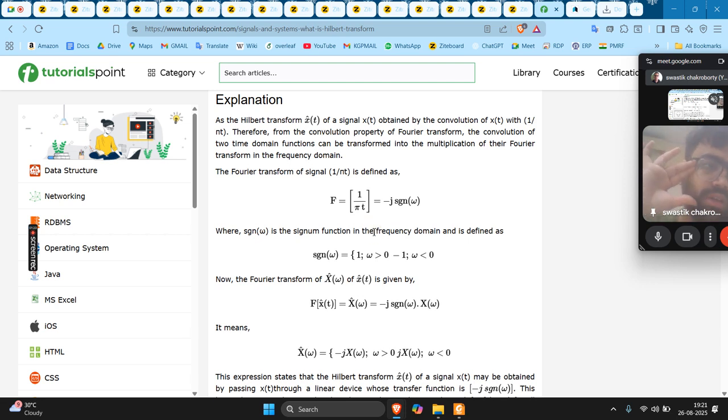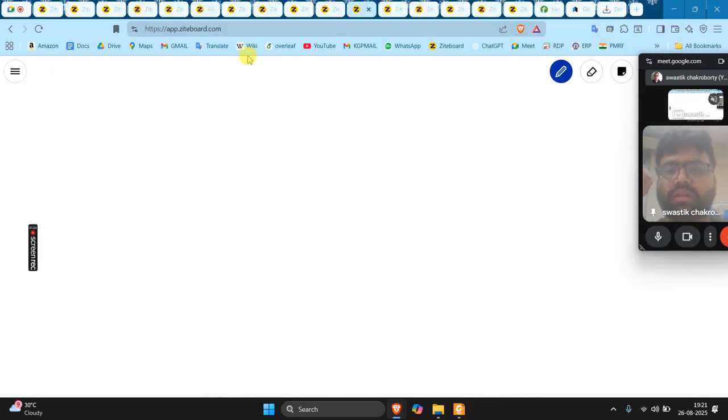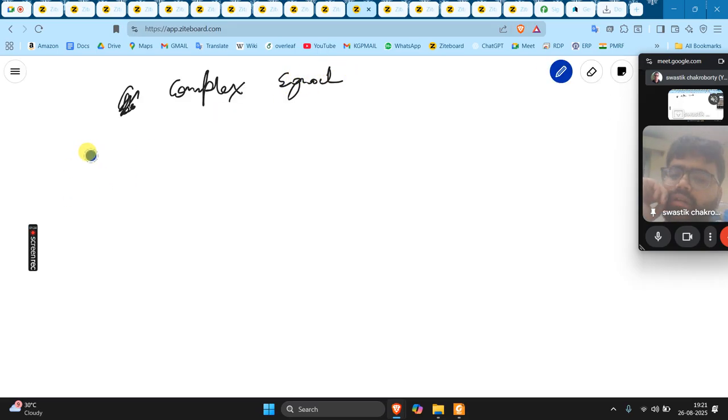If you have a signal in the real domain, and say your signal is real, or even if your signal is complex, the Hilbert transform m_H(t) is equal to m(t) convolved with 1 by pi t.